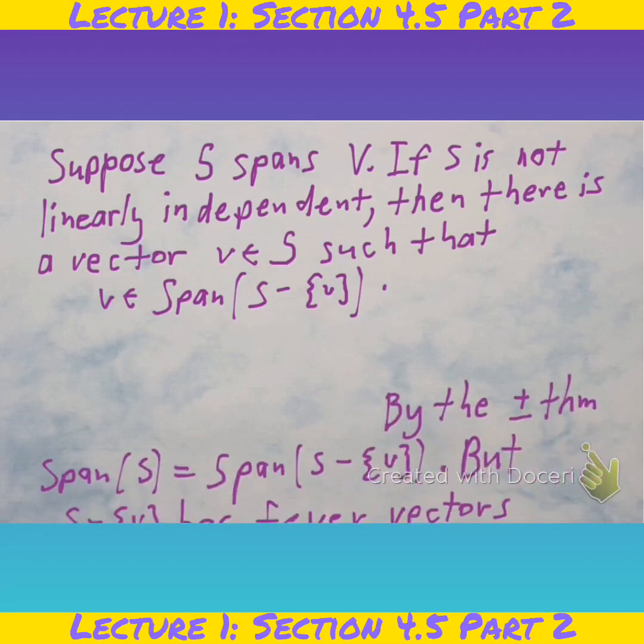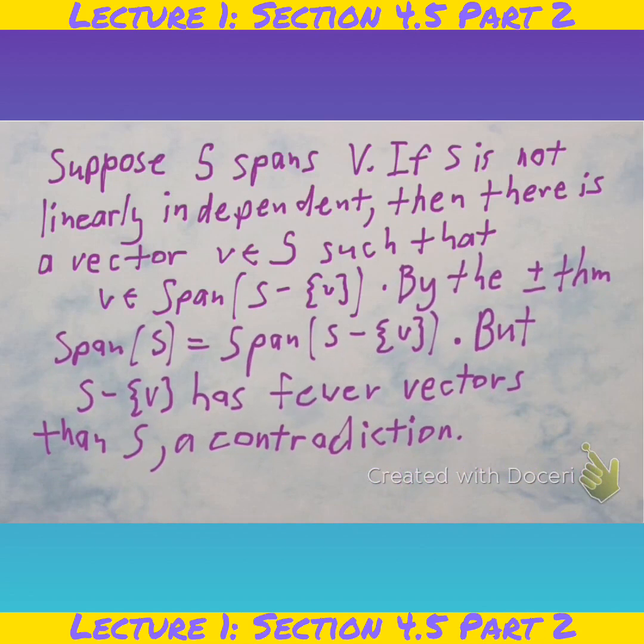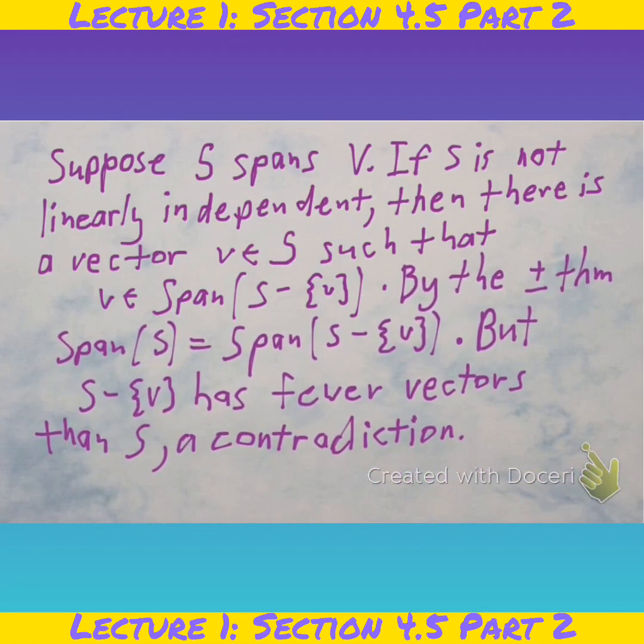By the plus-minus theorem, what do we know? The span of S is going to be the same as the span of S minus v. But S minus v has how many vectors in it? It has n minus 1 vectors.